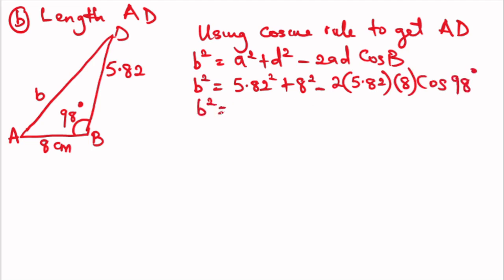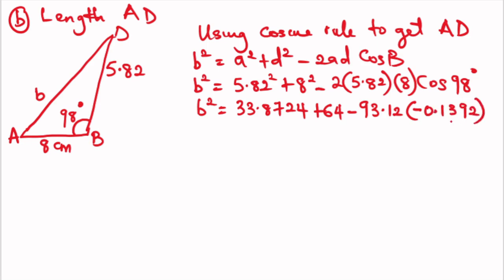So b squared is equal to 5.82 squared, which is 33.8724, plus 8 squared, which is 64, minus 2 times 5.82 times 8, which gives us 93.12, and for cos 98 we have minus 0.1392. Close the bracket.